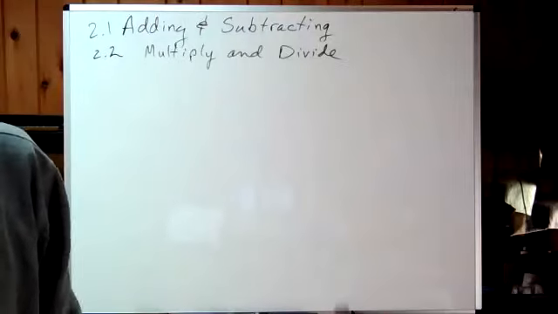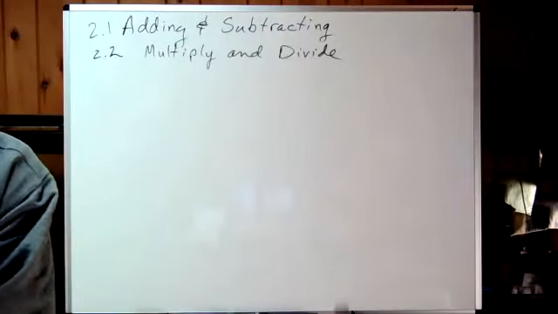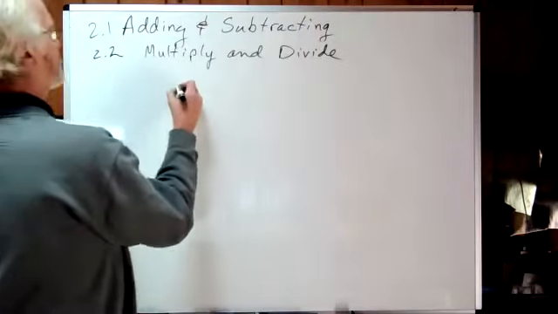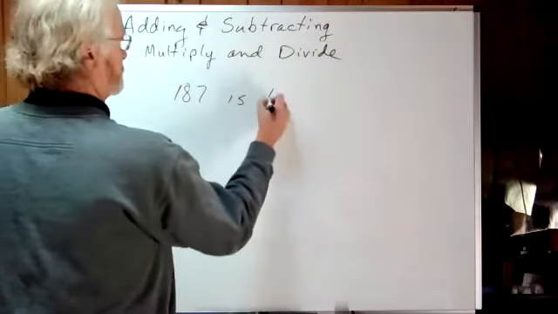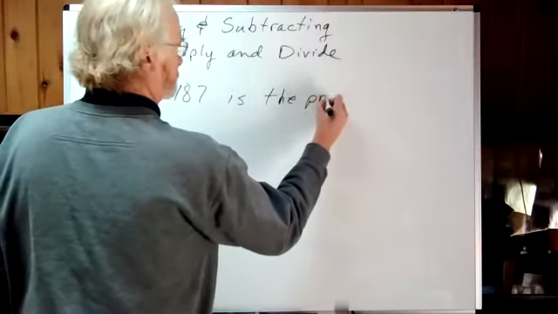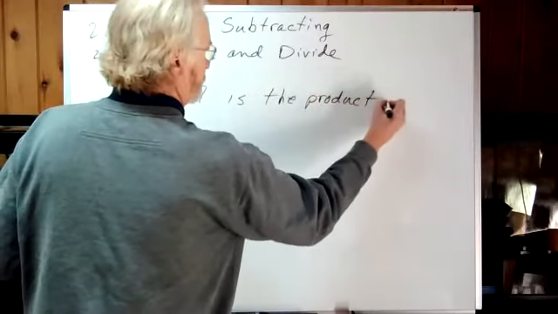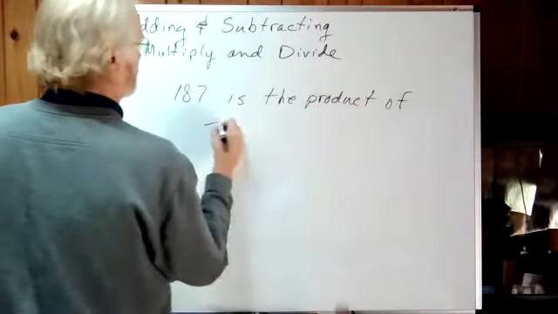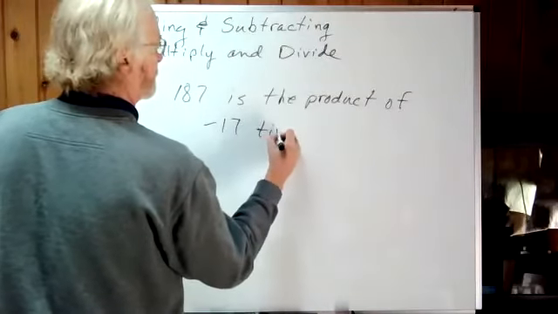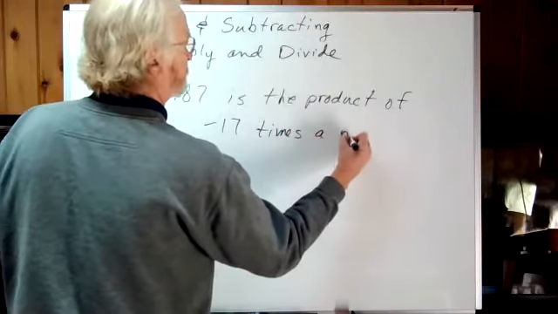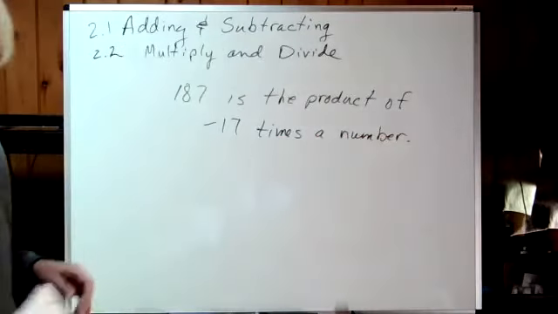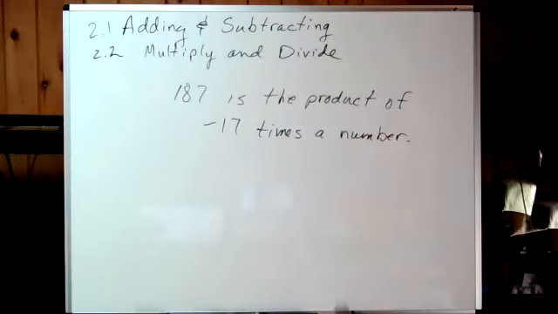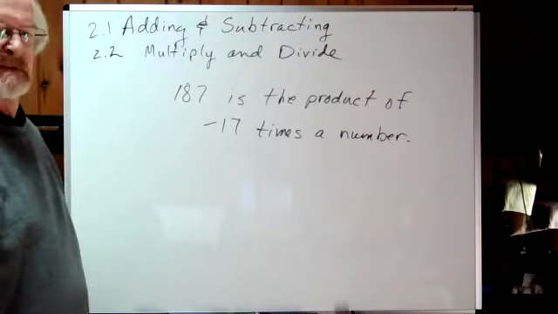How about, $187 is the product of 17 times a number.